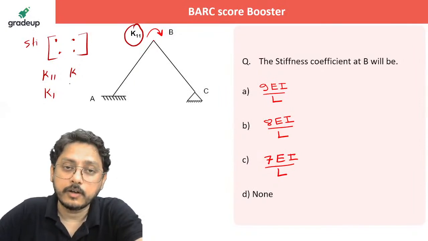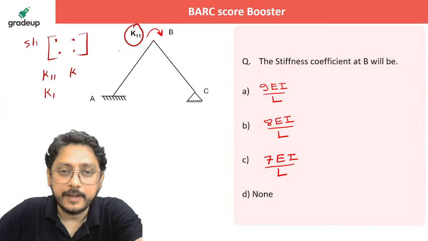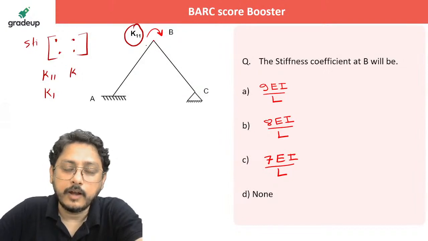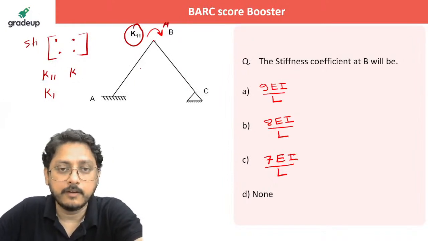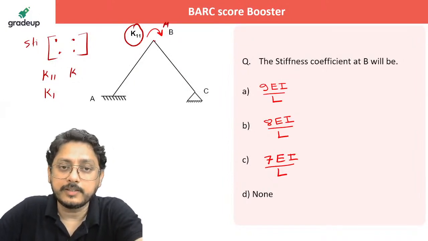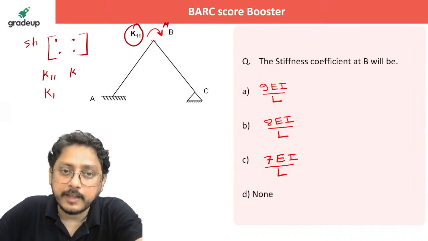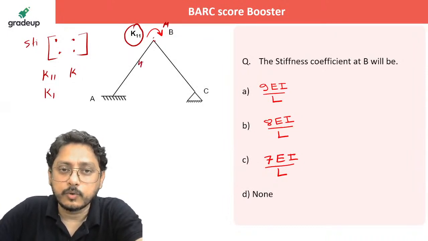Load required for unit deformation. So apply the load at 1, and what is the deformation at 1? That is the meaning of it. So if you are applying the moment at that joint B, what is K11? To rotate the AB, what is the total moment you need? 4 EI by L, isn't it? 4 EI by L by unit rotation. If you want to produce the unit rotation at B, how much effort you need to make?